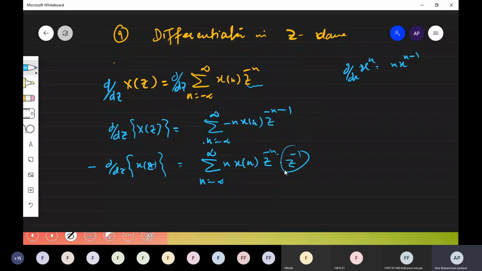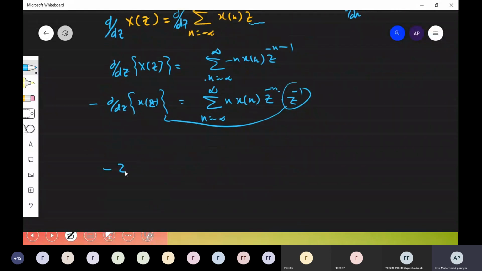And if you take this z to this side, then what we get is minus z d by dz of X of z is equal to the summation over n from minus infinity to infinity of n x of n z power minus n.